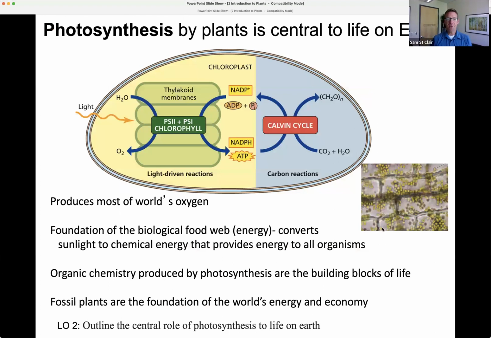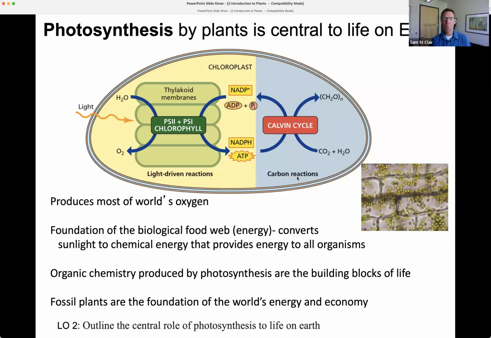Photosynthesis by plants is central to life on Earth and the functioning of human society. If we go and look at a tree and take a leaf down and look under a microscope, what you'll see are these mesophyll cells that are packed with chloroplasts, which is where photosynthesis happens.